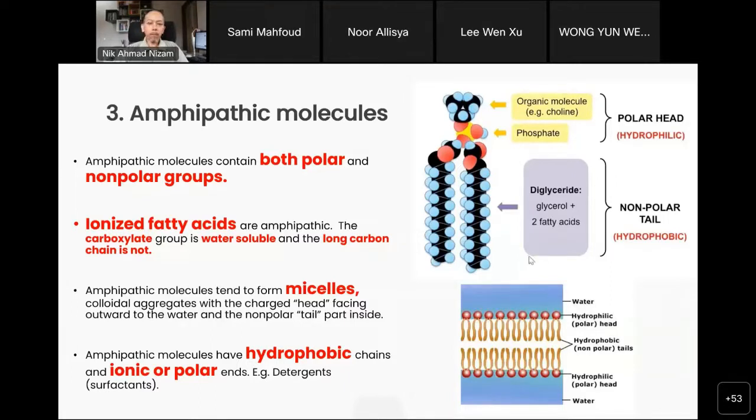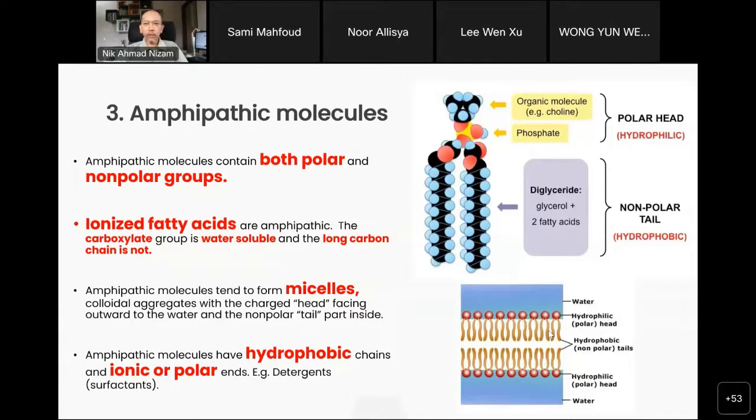So this is one of the uniqueness of the amphipathic molecules. What is a surfactant? Surfactant is a short name for surface active agents, and most surfactants contain hydrophilic and also hydrophobic parts.